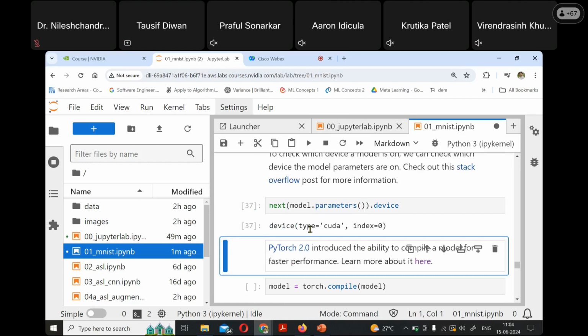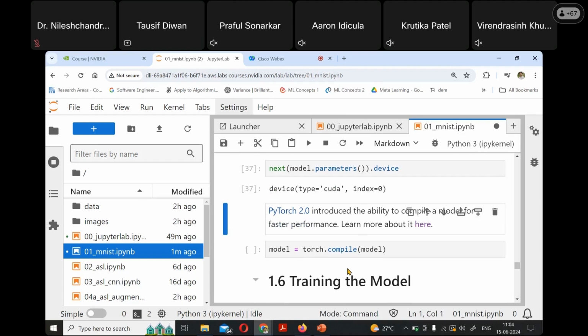Here it will print which type of device is there and what is the GPU index that we are working with. Then we have torch.compile. We just need to compile the model for faster performance. You can find the details of what it does in the backend, but ultimately you can understand that it is just for faster performance.